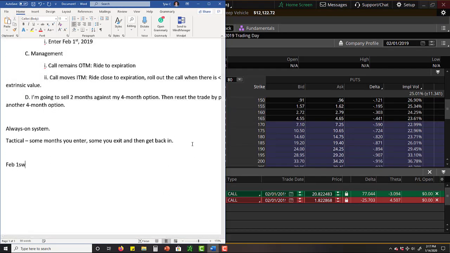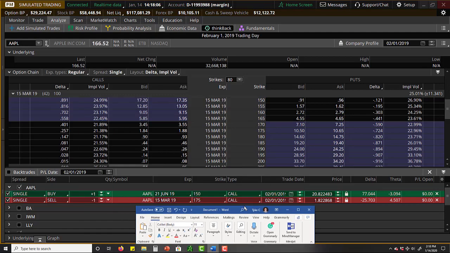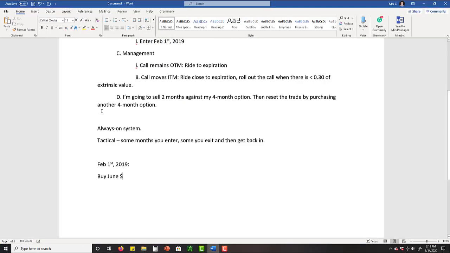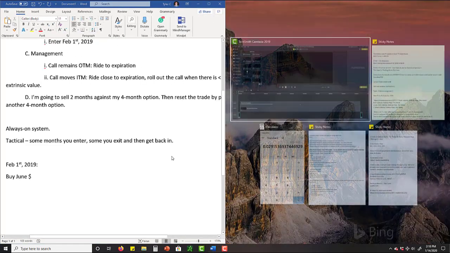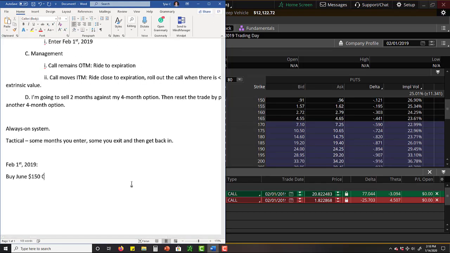So Feb 1st, 2019, I bought the June 150 call, sold the March 175 call. That was sold at $1.82. This one was bought at $20.82.